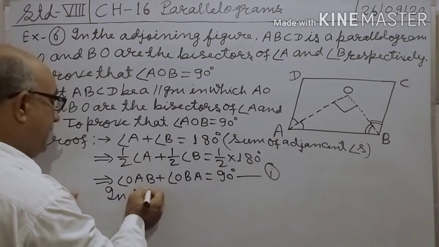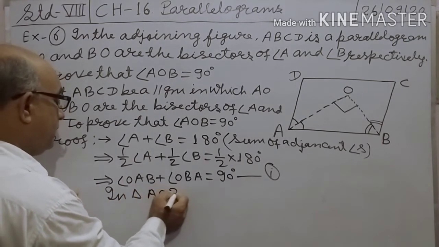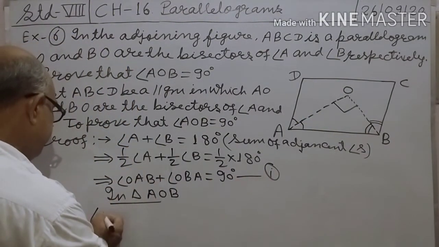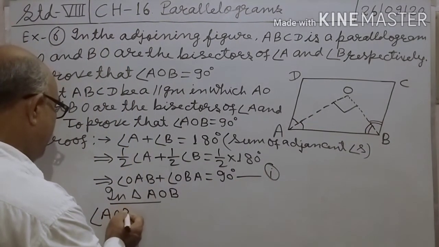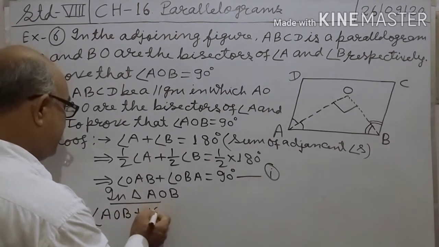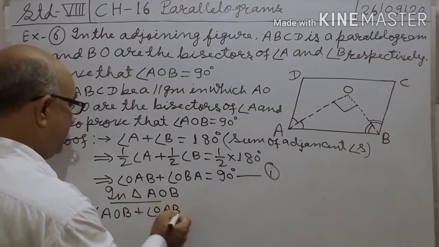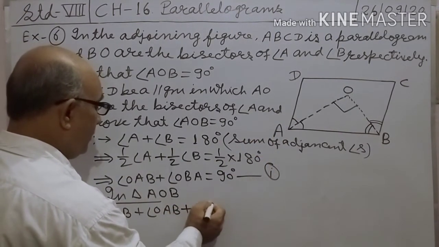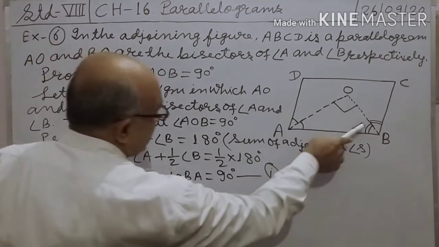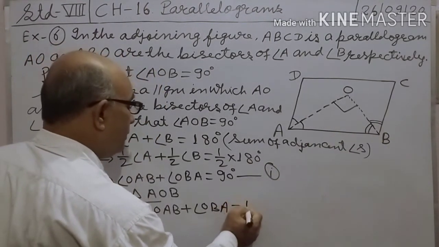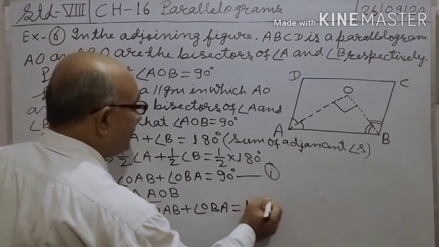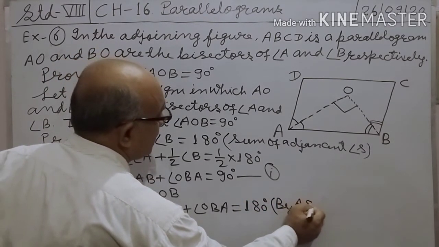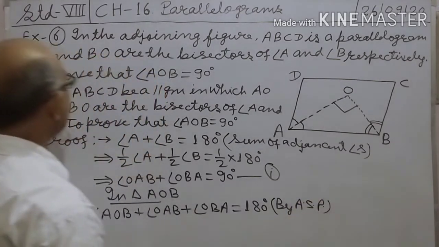Now in triangle AOB, angle AOB plus angle OAB plus angle OBA equal to 180 degree by angle sum property.